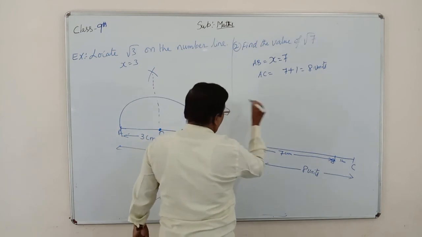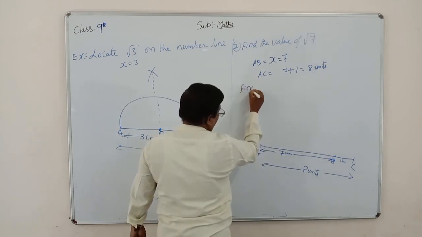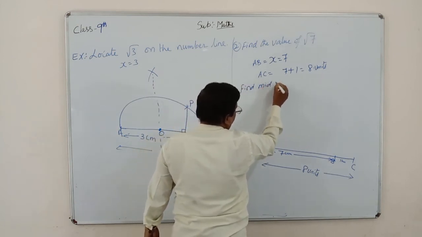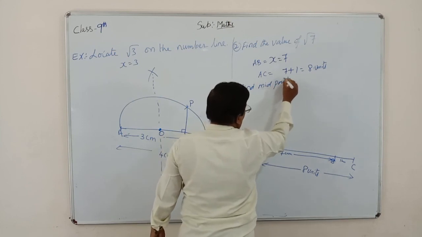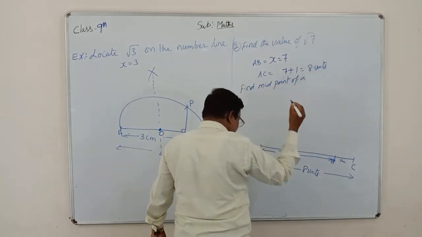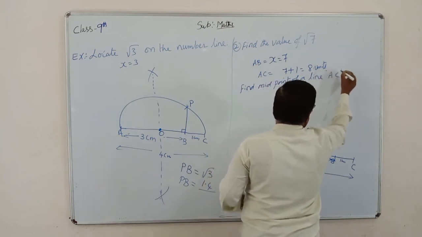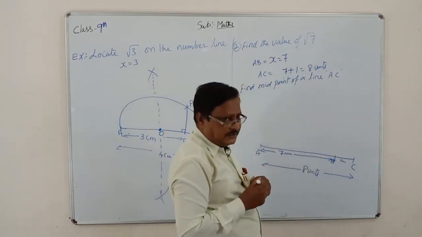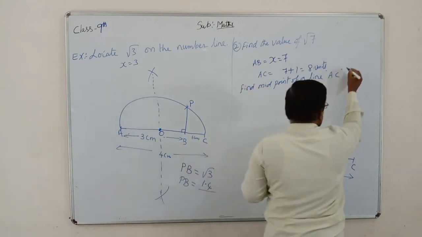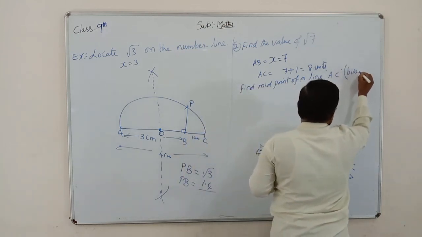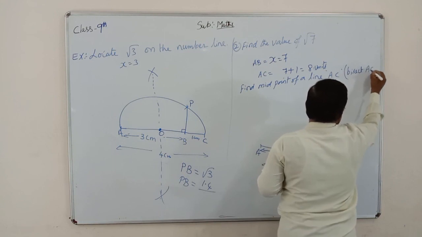Next, you find the midpoint of the line AC, which means bisecting AC.